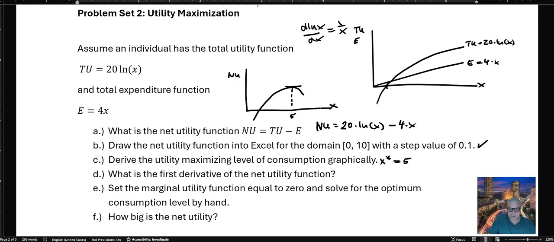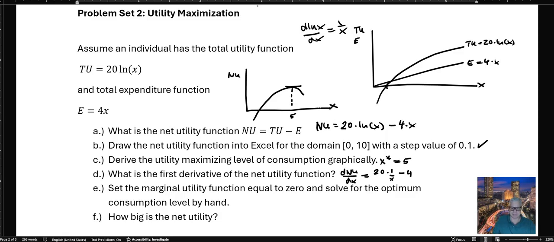Let's take the derivative of the net utility function, dNU with respect to x. The derivative of the log of x is 1 over x, so we are left with 20 times 1 over x minus 4.